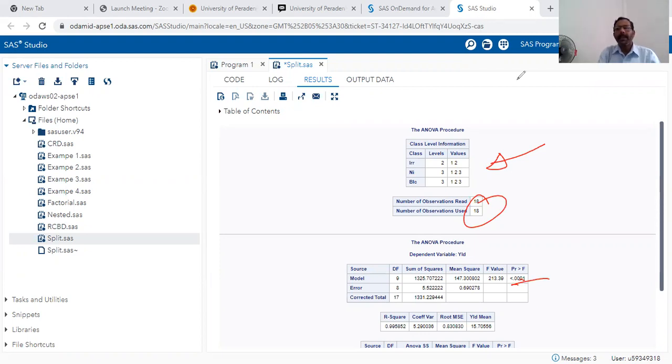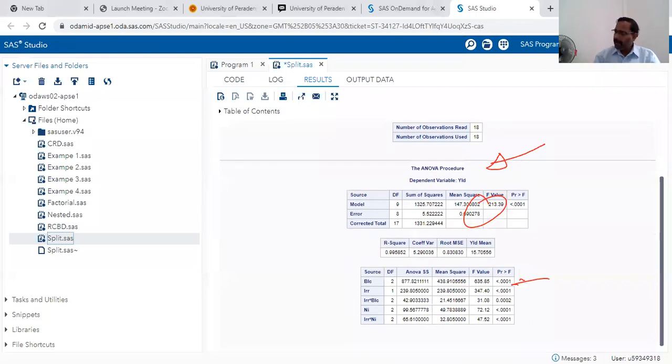Model is significant, but the model consists of several components, so we cannot simply say, since the model is significant, everything is significant. No, we cannot. The model is giving so many components: block, irrigation, irrigation into block, nitrogen, and the last one, irrigation into nitrogen.